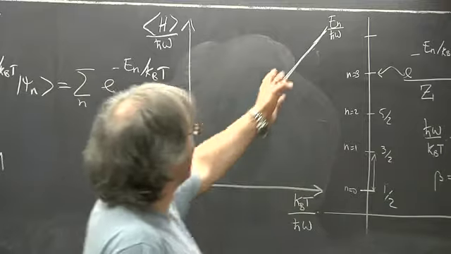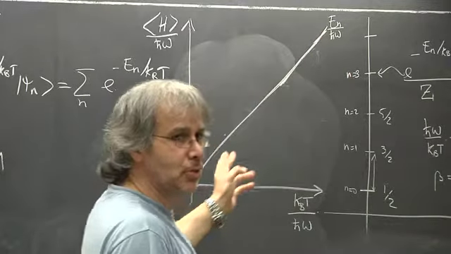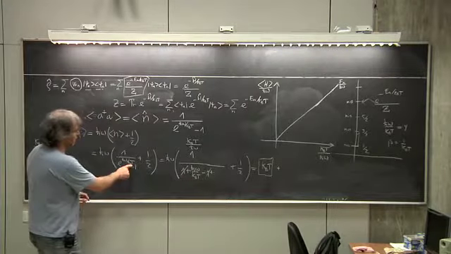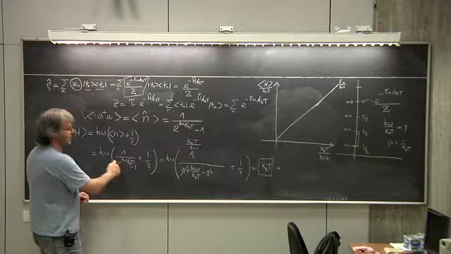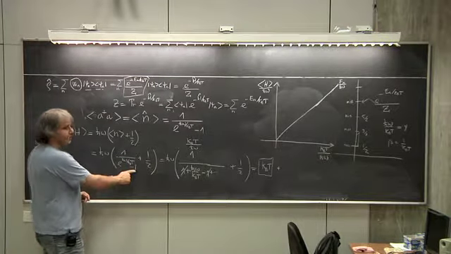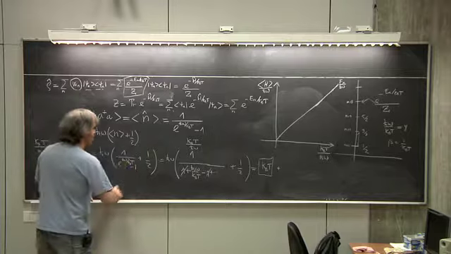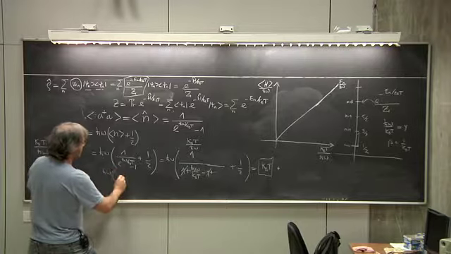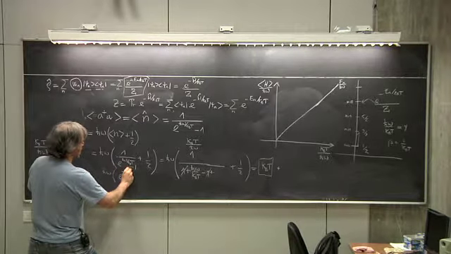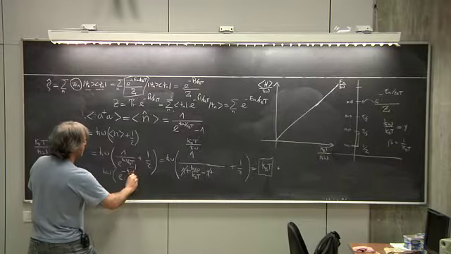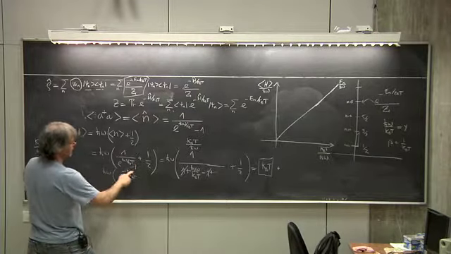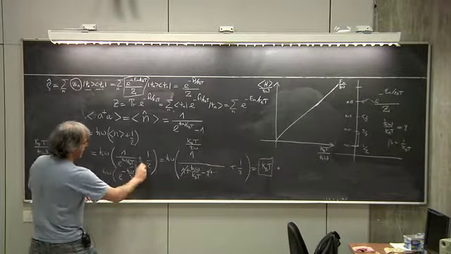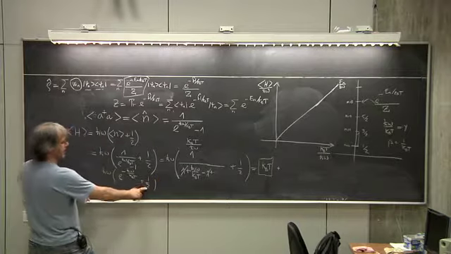The result which is correct for very large temperature is absolutely incorrect at very small temperature, because at very small temperature, this is a very large object, so this indeed dominates with respect to 1. So if you expand for small temperature, what you have is h bar omega e to the minus h bar omega over kBT. Obviously, you can forget about the 1, because this is much, much larger than the 1. But you shouldn't forget about the 1/2 there.